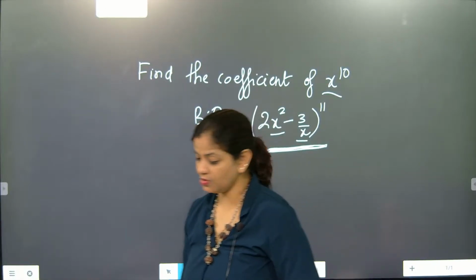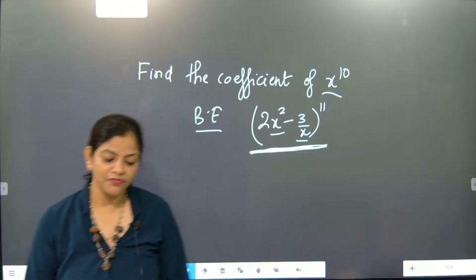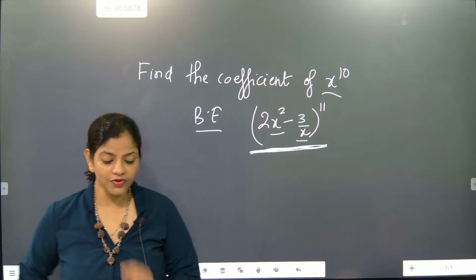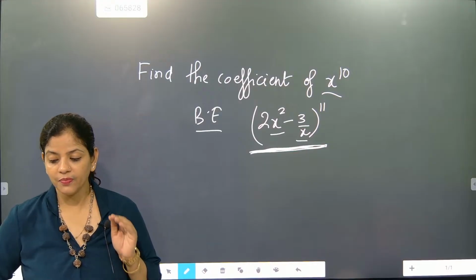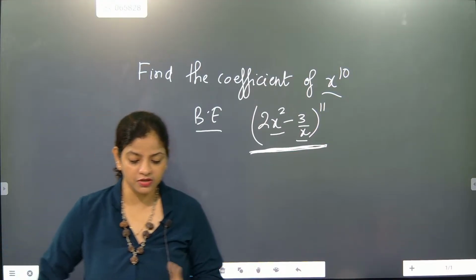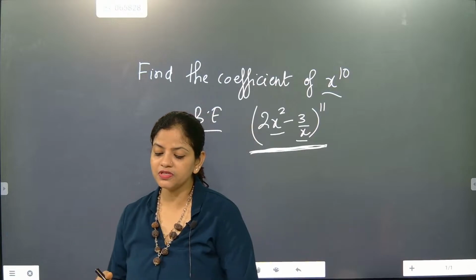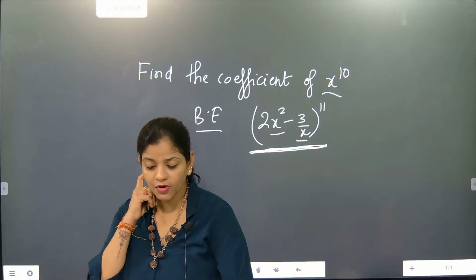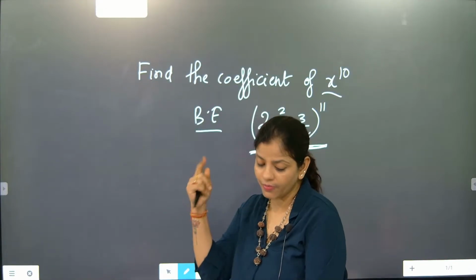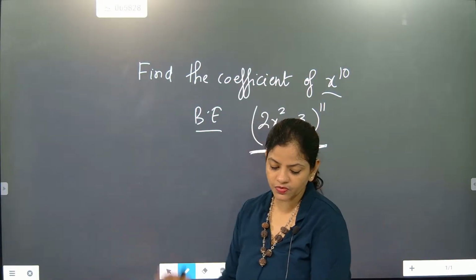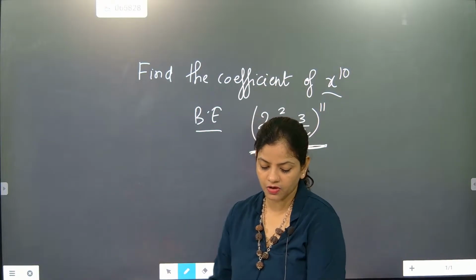No, no, no. If you take x commonly out, you are complicating it, Gagan. So we will find some other shortcut way to solve this question, because taking x common is not going to solve the problem, since you have to find only one term, x to the power 10. So finding x to the power 10 means we must need some technique of solving.